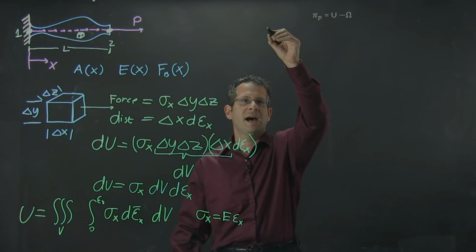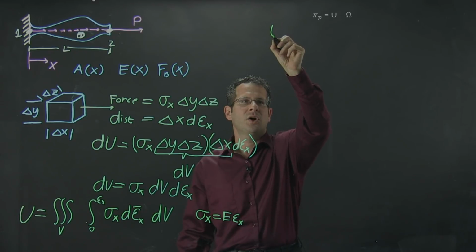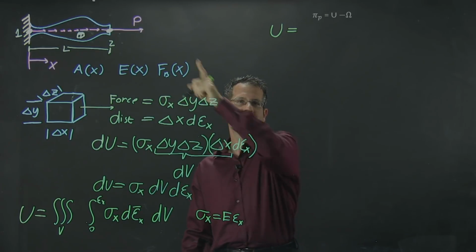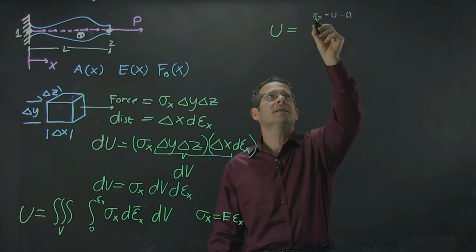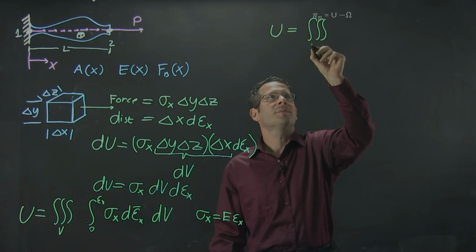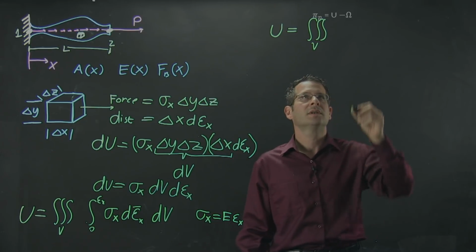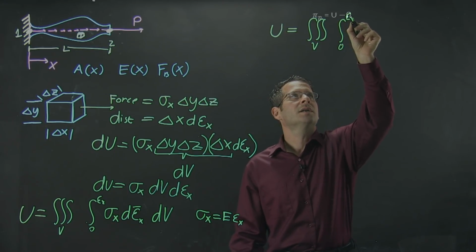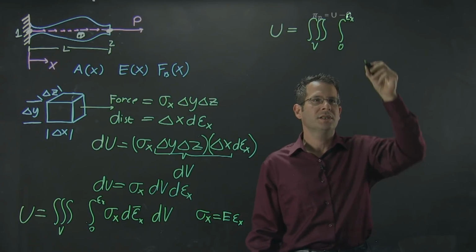So if I do that, I'll get that my total strain energy inside my entire bar is the triple integral over volume going from 0 to strain in the x direction.